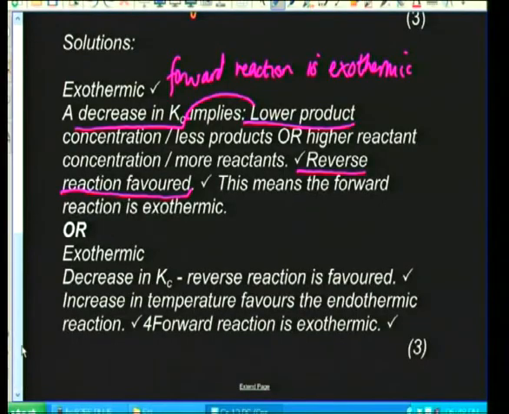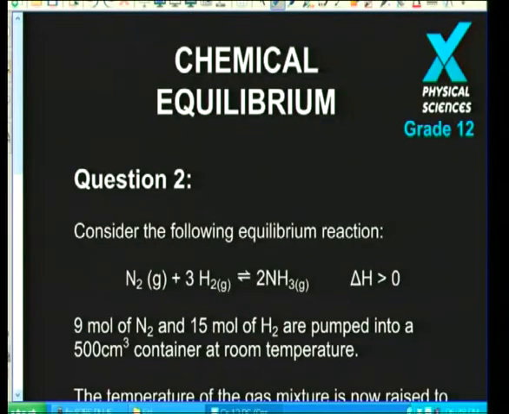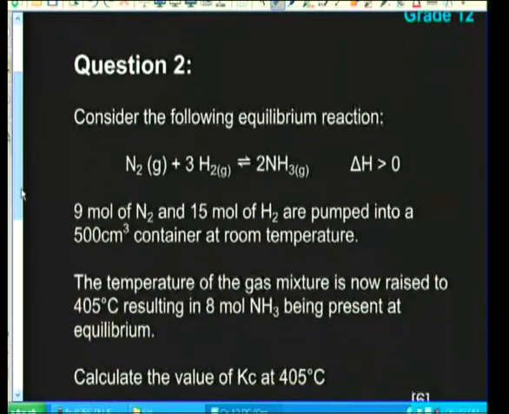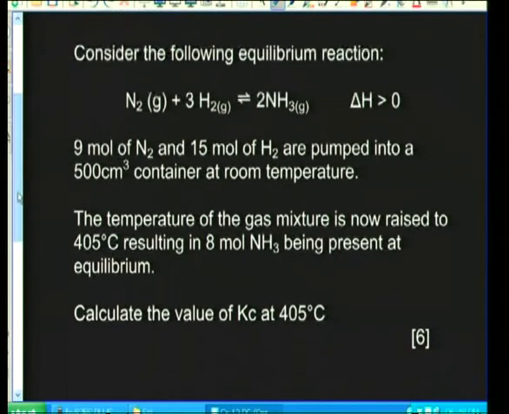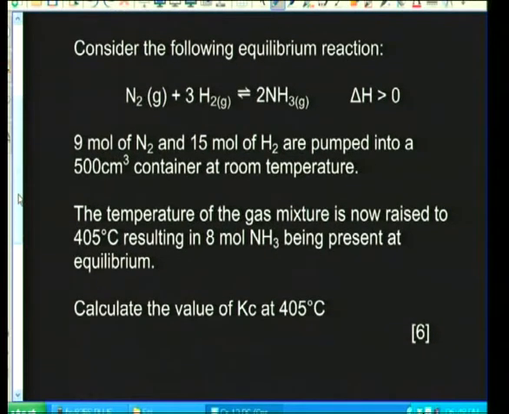Let's move to the next question. Here, completely new question, but a Kc question nonetheless. Consider the following equilibrium reaction. This is quite a classic reaction, the Haber process.